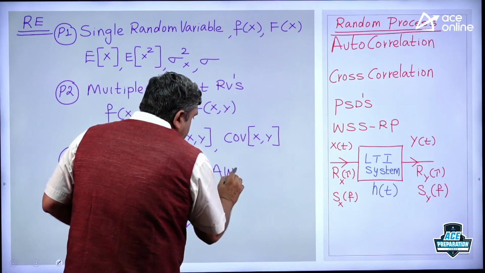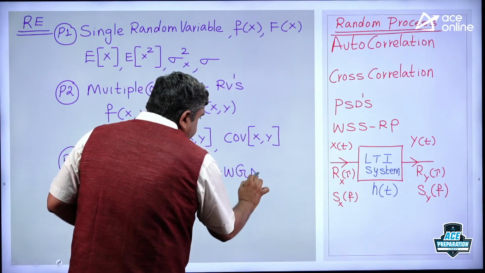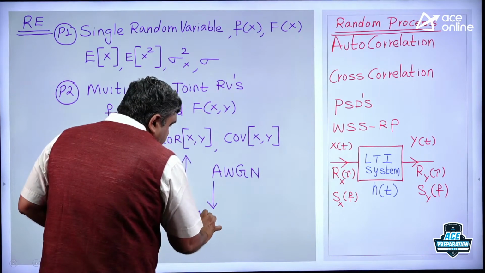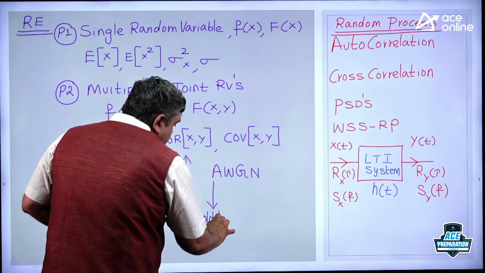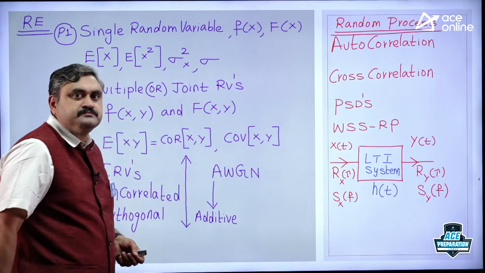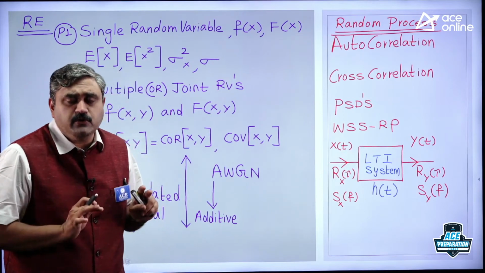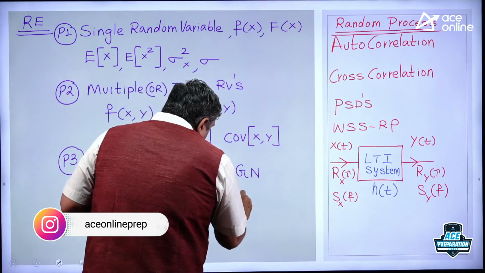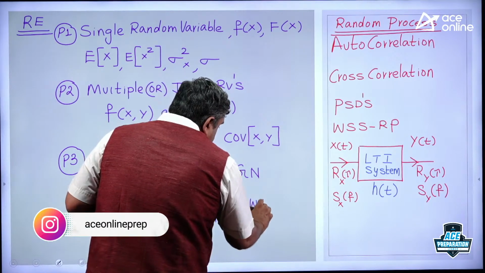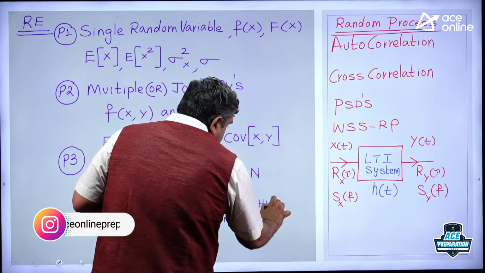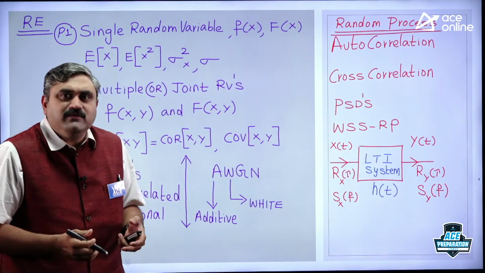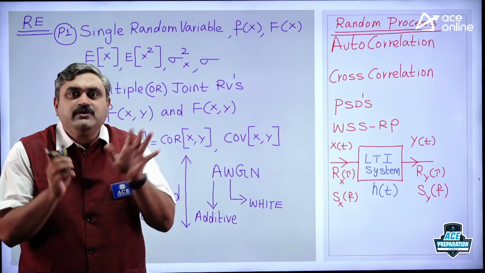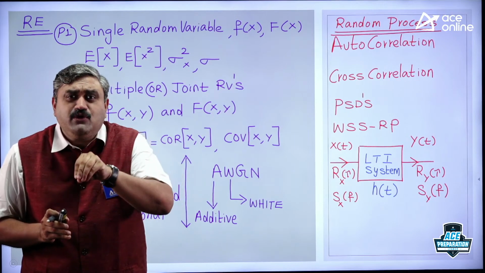Strictly speaking, it is additive white Gaussian noise. A represents additive. Additive means the noise that you are considering in the channel gets added to your modulated signal. Only additive noise, we don't study multiplicative noise; that you will study in your higher studies. Then you have white. White means white color. The meaning in our communication systems is that this noise does not differentiate low and high frequencies. It sees everything equally.